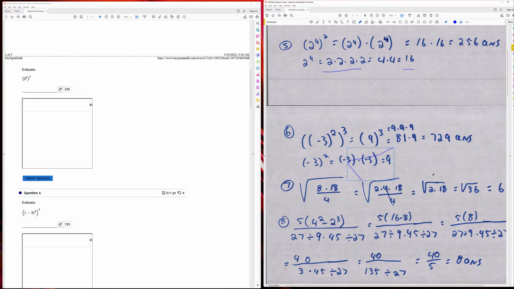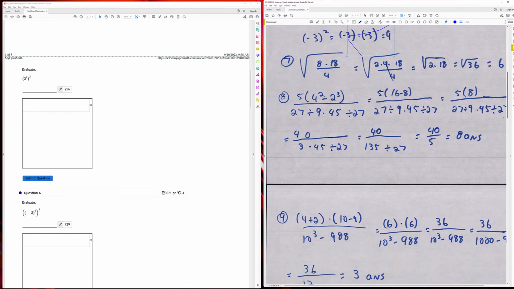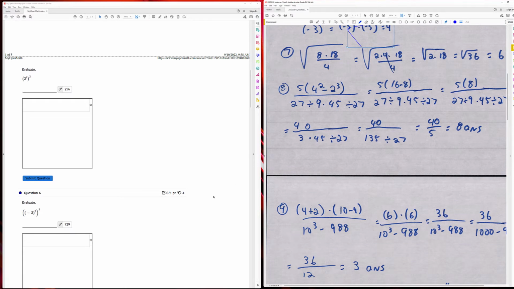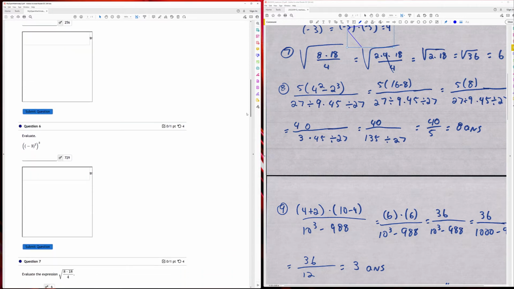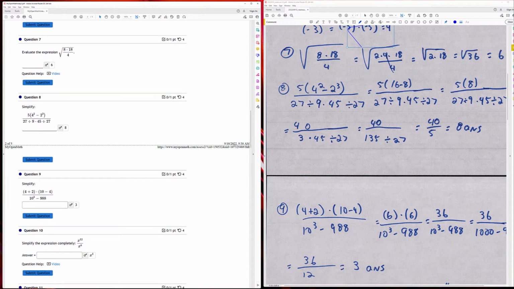Let's go on to number 7. With the expression, the square root of 8 times 18 divided by 4.